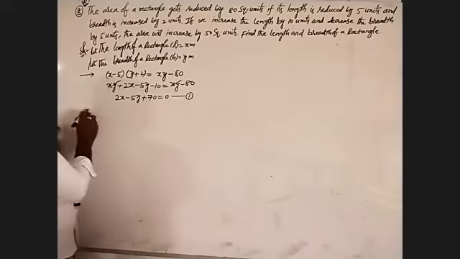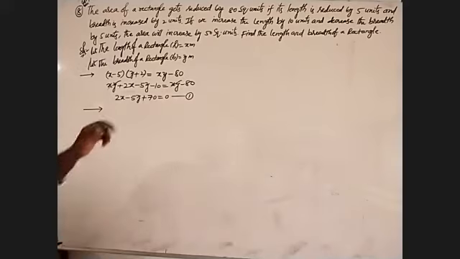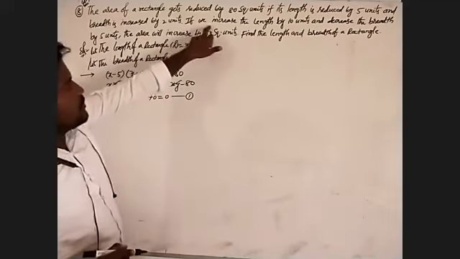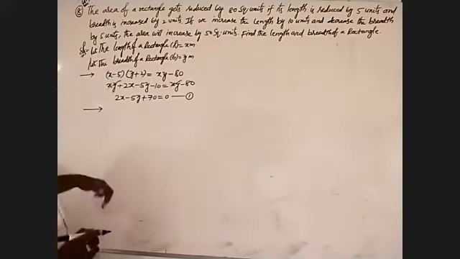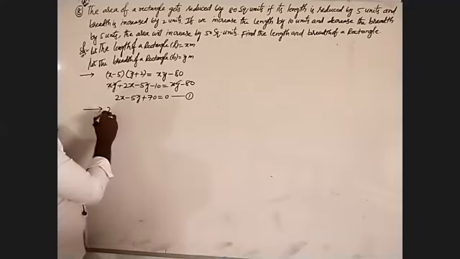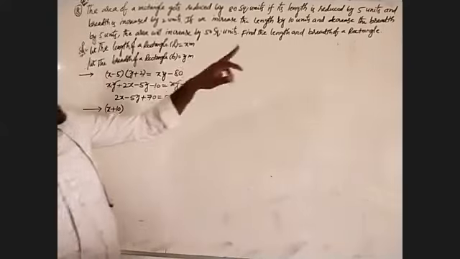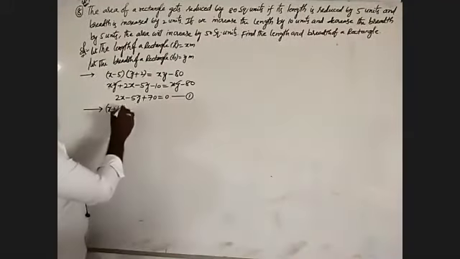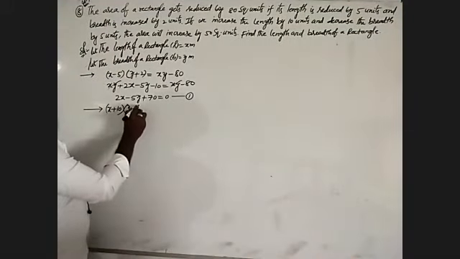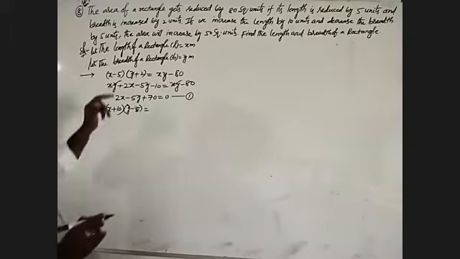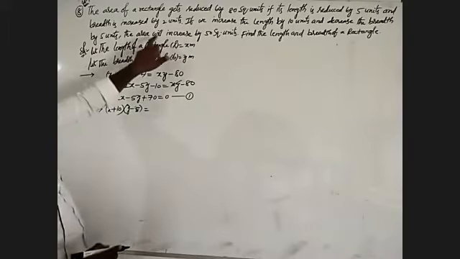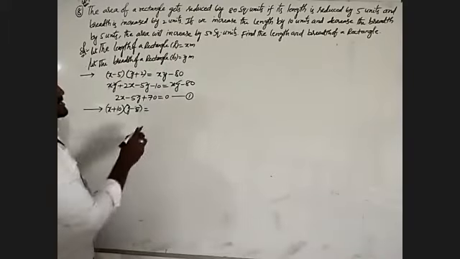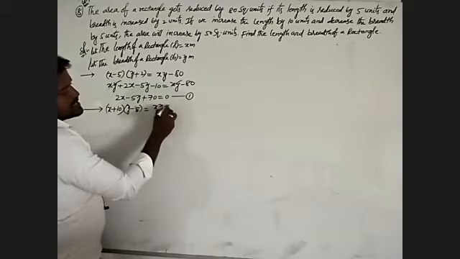After that, the second condition is, if we increase the length by 10 units, that means x plus 10. After that, the breadth is decreased by 5 units, that we take as y minus 5. Area will increase by 50 square units. Area of the rectangle is xy plus 50.